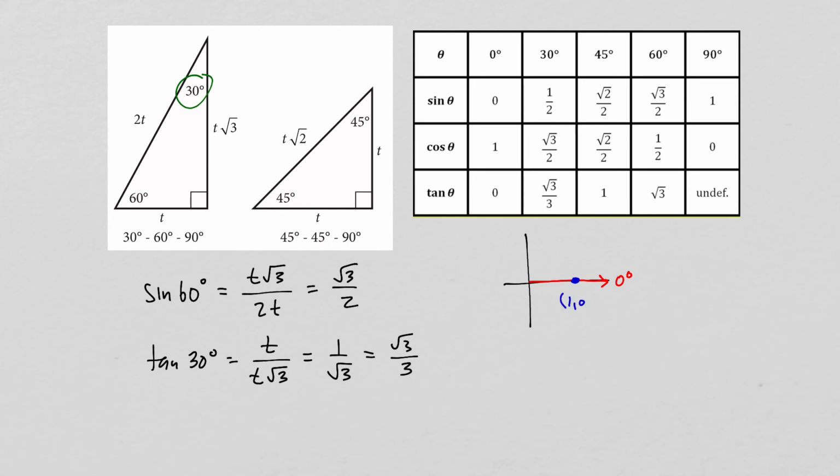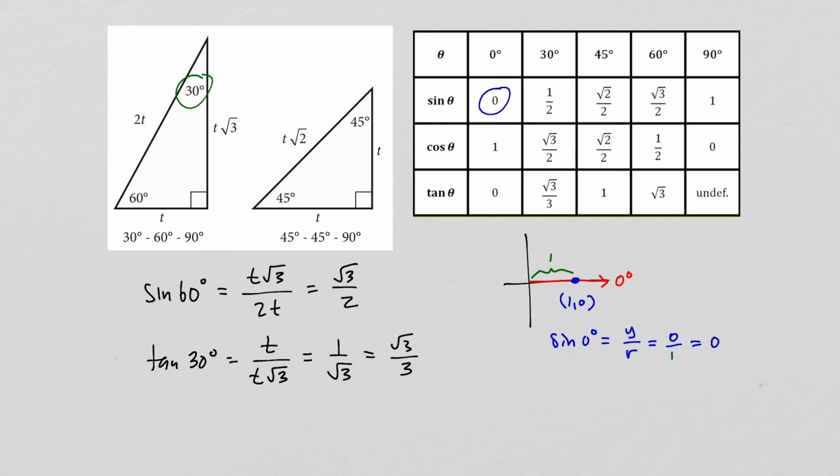My favorite point to pick on the angle 0 degrees is the point 1, 0. And if I want the sine of 0 degrees, we have to remember that that is y divided by r. So we have to take the y value, which is 0, and divide it by the r value. Now the r value is this distance right here, and that distance is 1. And 0 divided by 1 is 0. So that's how we know the sine of 0 is 0.